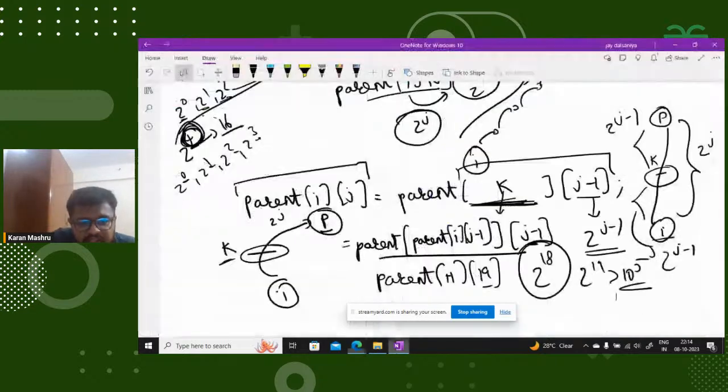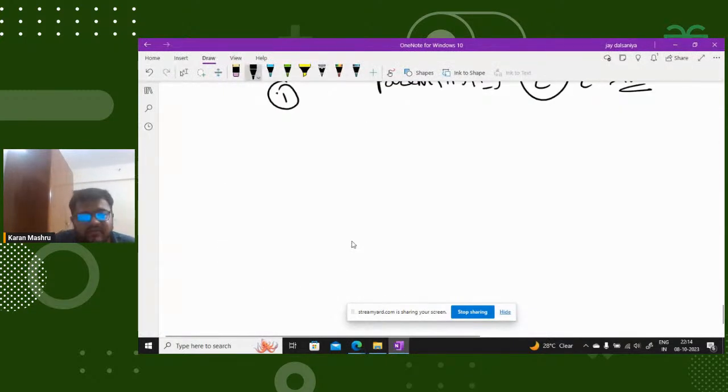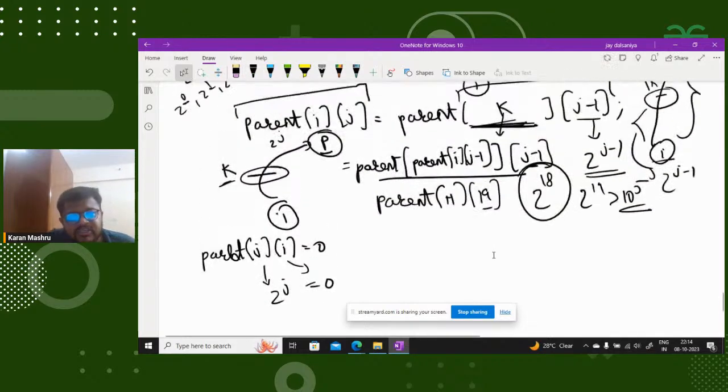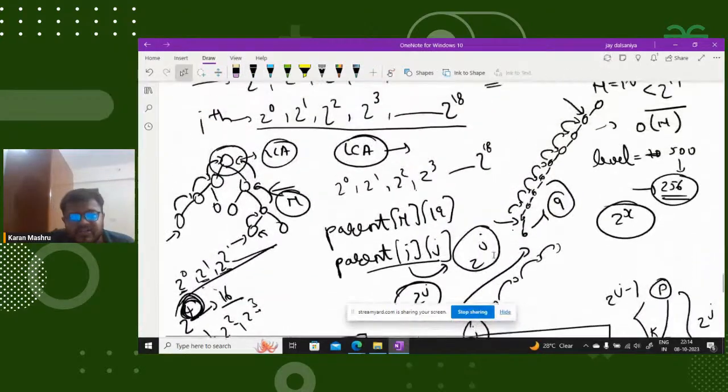So understand one thing. By default I have said parent of j, i is equal to 0. So parent of jth node at a distance 2 to the power i is 0 by default, because 0 is the parent node. Okay, now understand one thing.